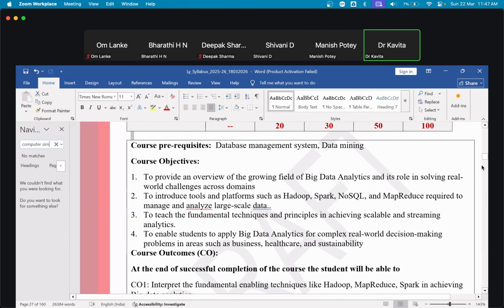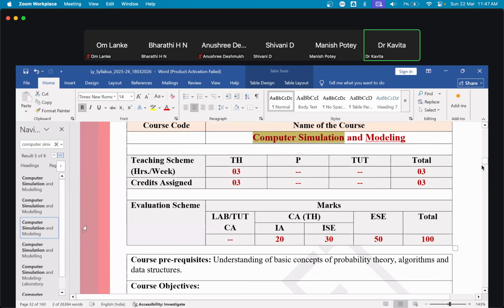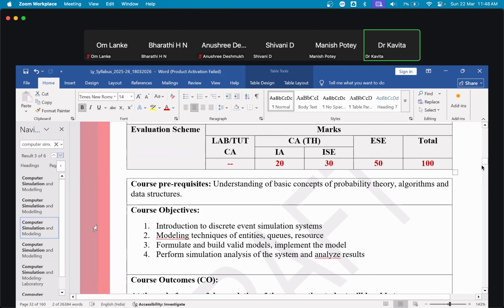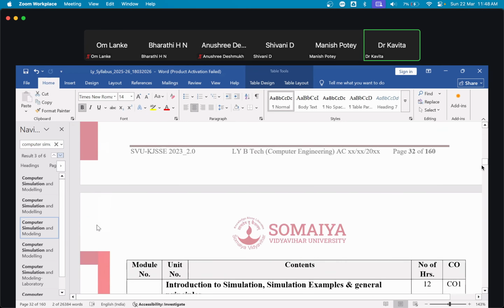So the name of the subject is computer simulation and modeling. This is one subject where you get the opportunity to solve many problems based on your maths knowledge and previous semester statistical knowledge. So it is based on statistics. In the first module, you start by solving some manual simulation systems.